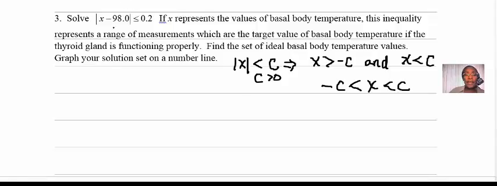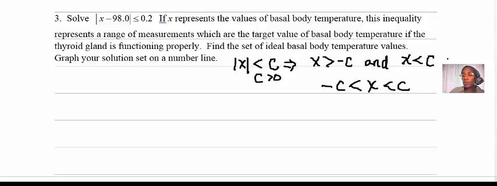So we're going to apply that to this absolute value inequality. Remember, you can express this by writing two simple inequalities connected with the word and, or you can use the more concise way of writing this: that x is bigger than negative C and less than positive C. These two inequalities say the same thing.